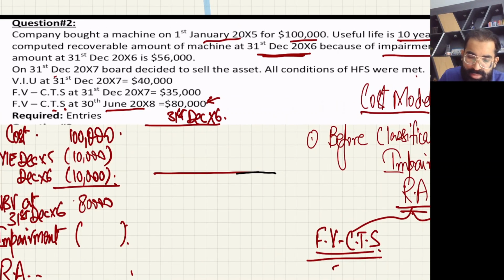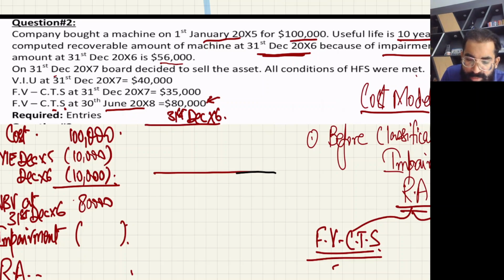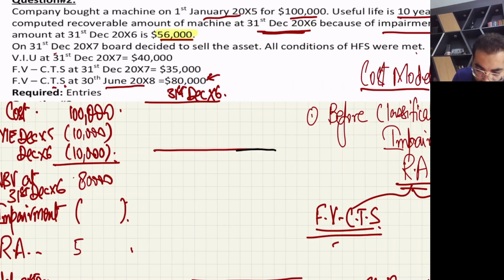Now can you see this question? What is your recoverable amount? Your recoverable amount is 56,000 at 31st December X6. Your carrying value is 80,000 and your recoverable amount is 56, so there is a straight away impairment of 24.